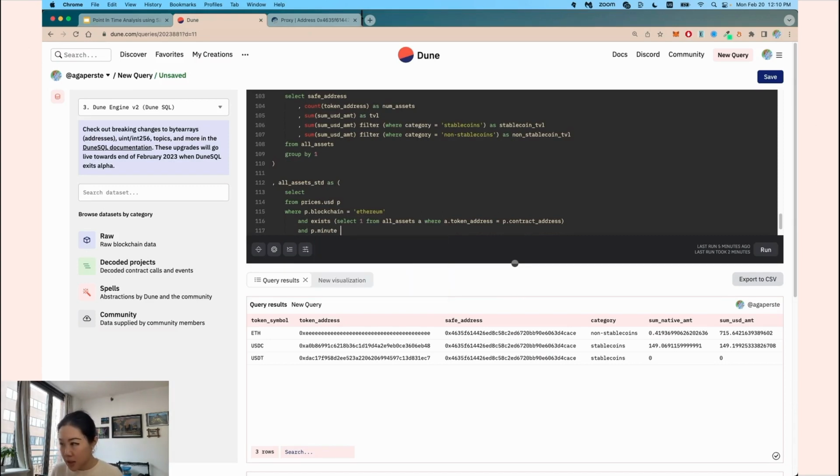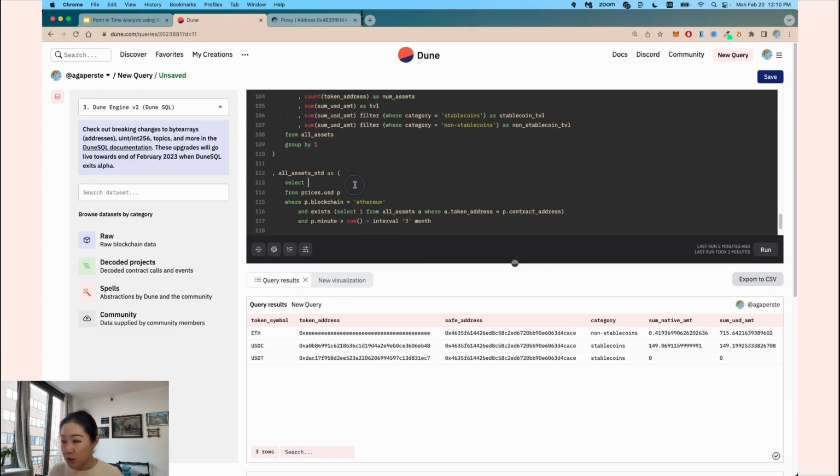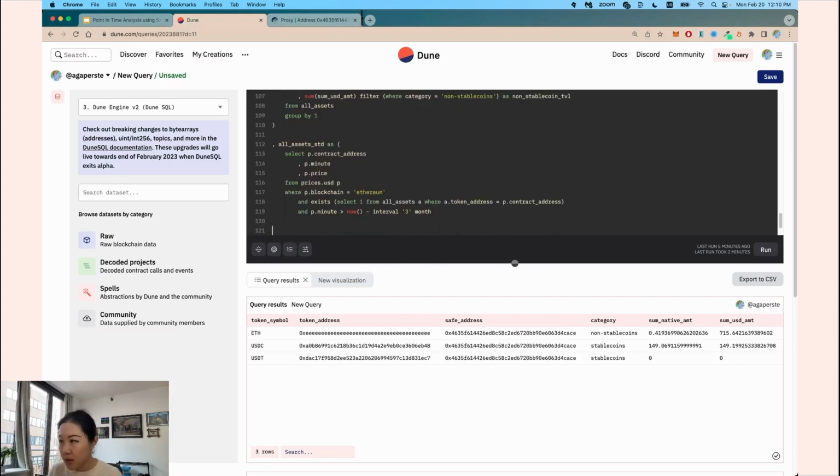So P dot minute is greater than now minus interval 3 month. What do we actually want from here? So we want the contract address, and then we want the actual minute, and then we want the actual prices. And then we're gonna order by 1 and 2 so that it's forcing it to be in the same order, because we're trying to do a standard deviation. So the order of timing really matters.